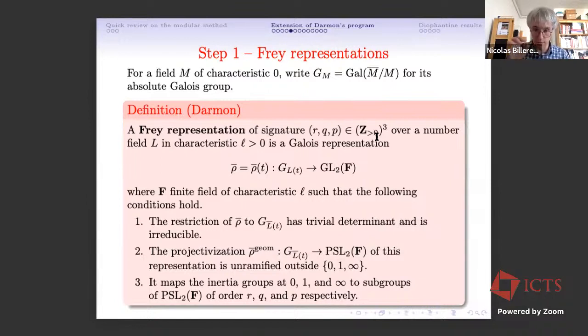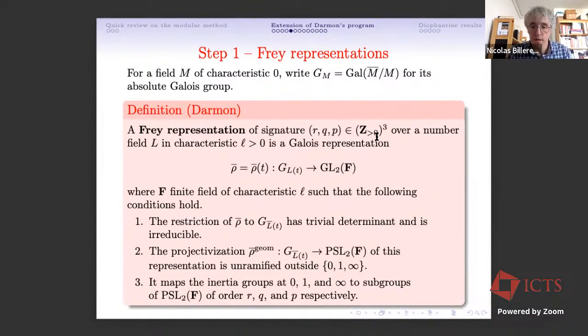The first condition is that the restriction of this representation to the absolute Galois group of L-bar(t) has trivial determinant and is irreducible. Since it has trivial determinant, you can mod out the image by the scalar matrices, and you get a representation, denoted by rho-bar in Darmon's paper from 2000, from the absolute Galois group of L-bar(t) into PSL2(F), and you ask for this representation to be unramified outside 0, 1, and infinity.